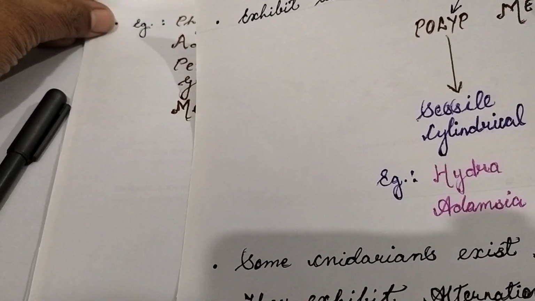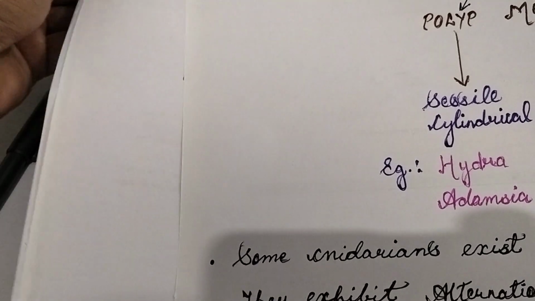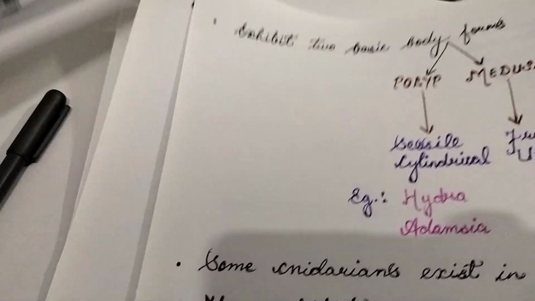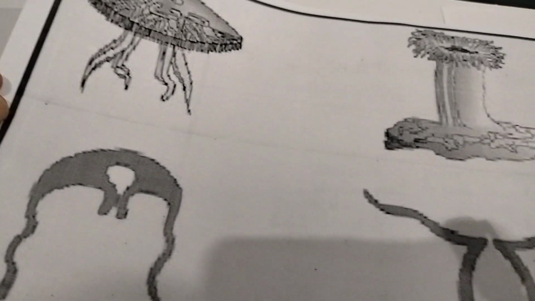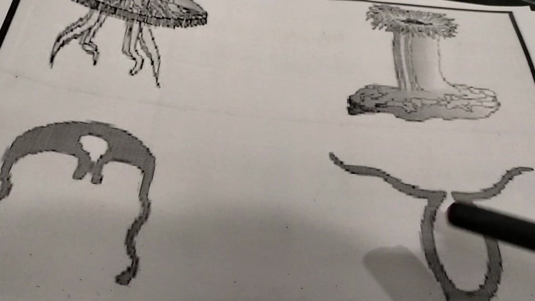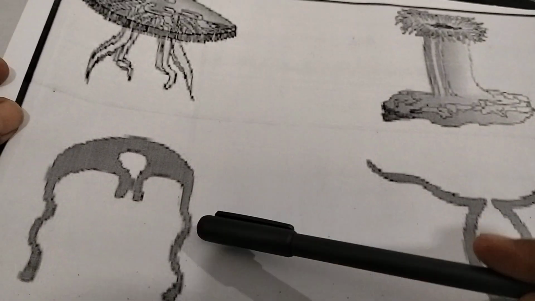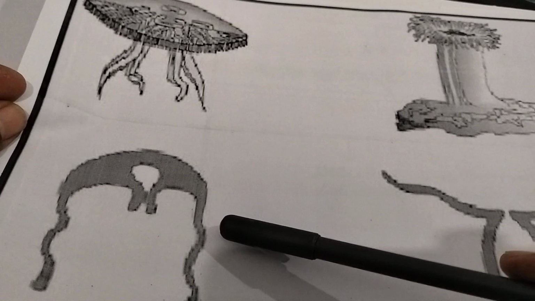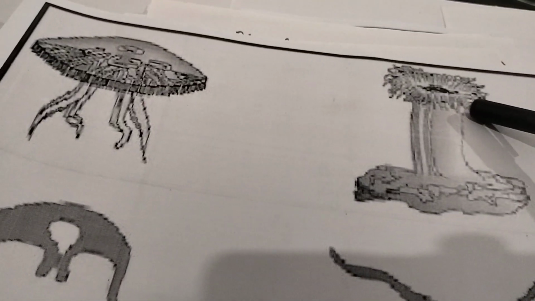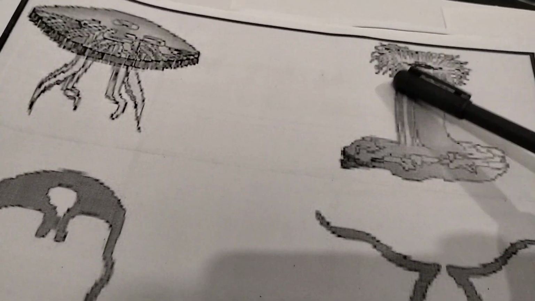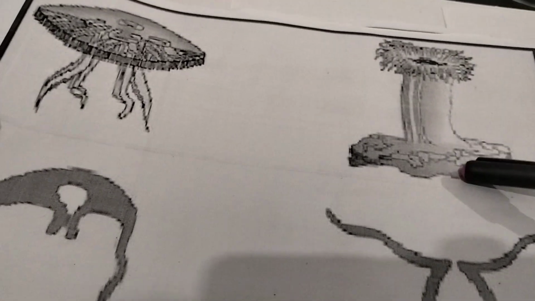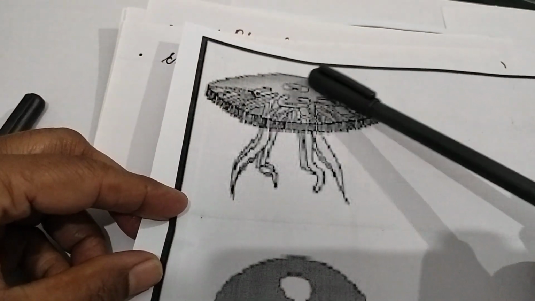So, coelenterates exhibit two basic body forms. What are they? Polyp and medusa. See, this is polyp and this is medusa. Coelenterates exhibit two forms. See, polyp is cylindrical in shape and medusa is umbrella shaped.